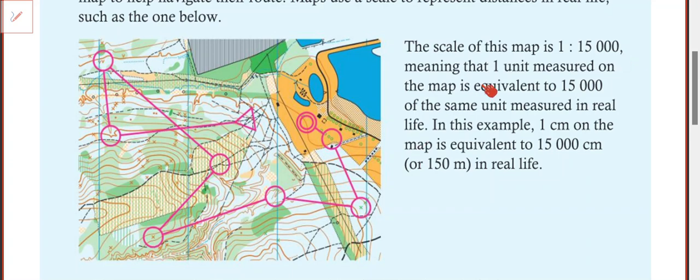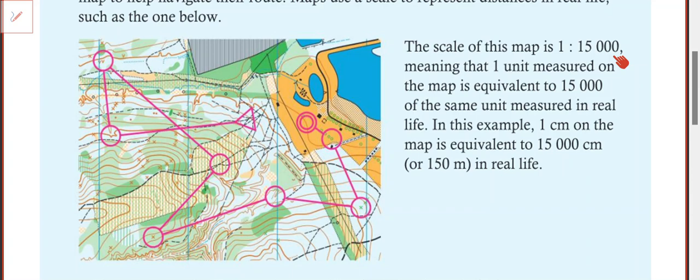But basically, what we're saying is the ratio of 1 to 15,000 means on a map, 1 centimetre on the map is in real life 15,000 centimetres. So actually, what's important is the units don't change, so it doesn't make them smaller.